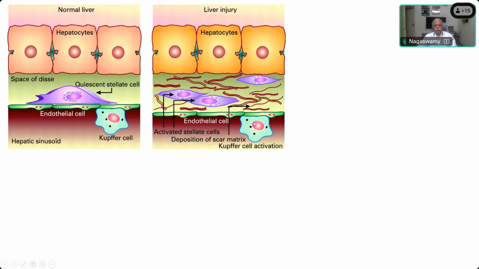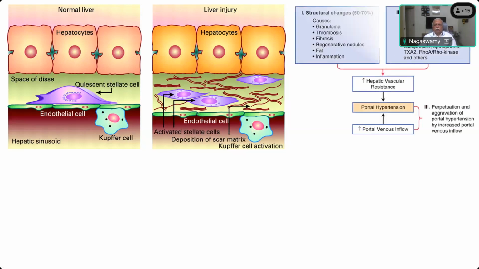The Kupffer cells, which are supposed to be the protective cells, are also activated. So the structural change causes 50 to 70% of the resistance. This may be because of granuloma, thrombosis, fibrosis, regenerative nodule, inflammation. And vascular tone increase accounts for up to 30 to 50%.